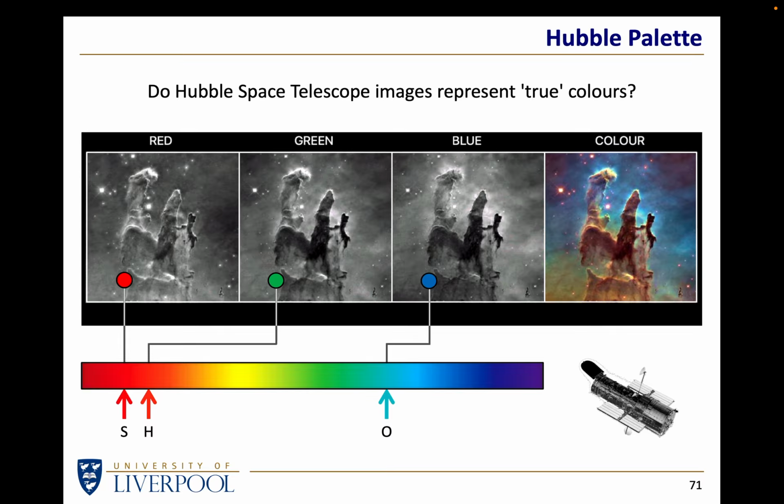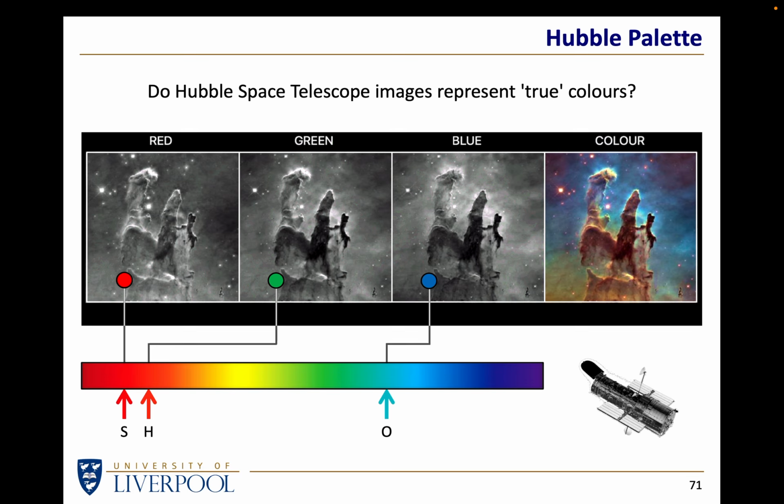It has been chosen by the people who took the image to try and reveal as much structural information as possible in the final images. And it really doesn't matter, other than for aesthetics, that that is not the actual image in terms of the actual true colors.